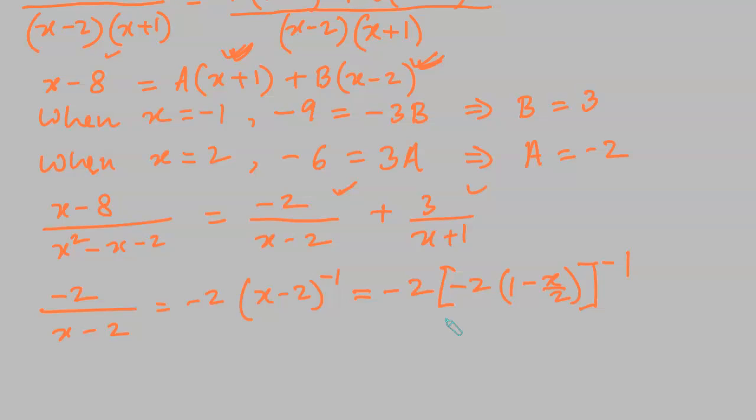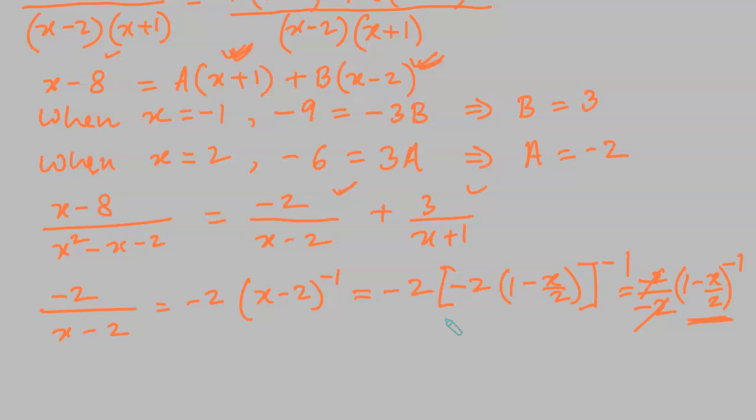So now this is negative 2 times negative 2 to the power of negative 1, so this is negative 2 over negative 2, because negative 2 to the power of negative 1 is 1 over negative 2, times 1 minus x over 2 to the power of negative 1. So these two will get cancelled and we will have just this part, 1 minus x over 2 to the power of negative 1.